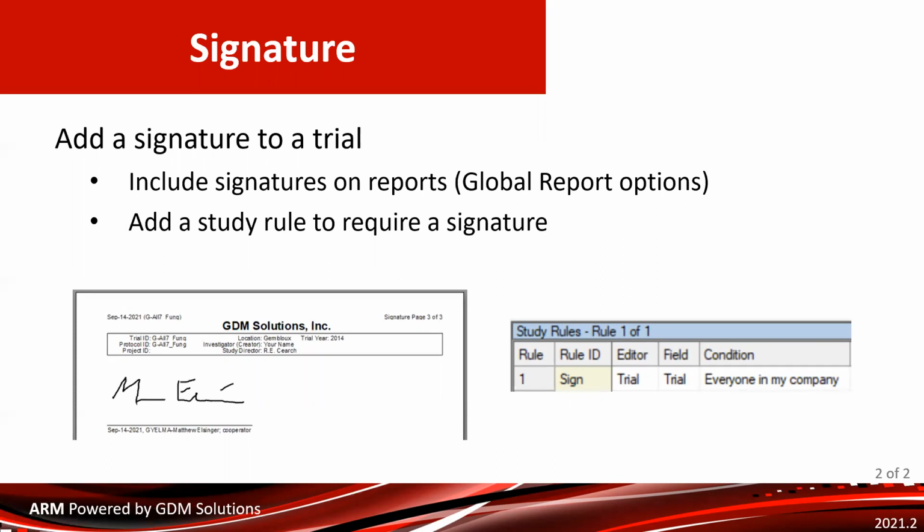Essentially, that would require that somebody, at least one person, signs that trial, and one marking the trial as final. The study won't validate until it's been signed. So I think that would be the way to perform that.